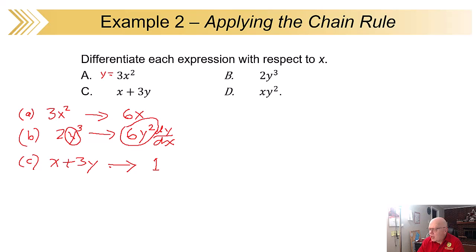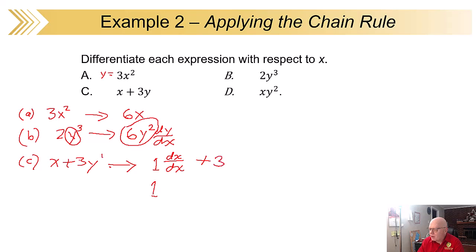Now, if you're thinking chain rule, you might say, but x, isn't that a function? Yes, it is. And what's the derivative of that? It's dx dx. Well, that's a 1, right? Next, the 3y. Remember there's a 1 out here, so 1 times 3 is 3.